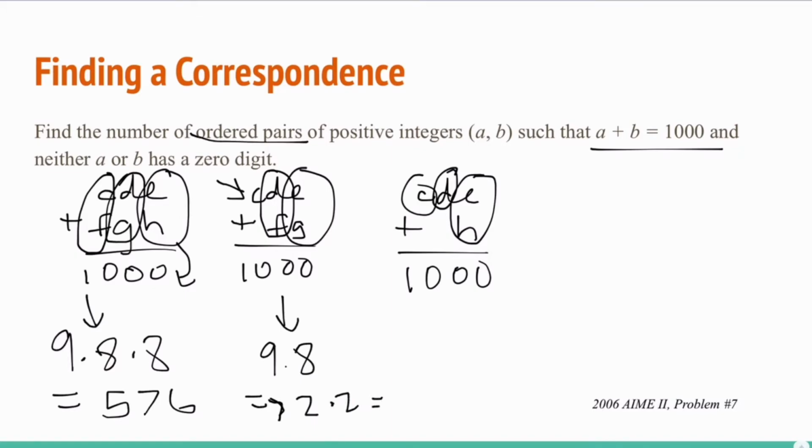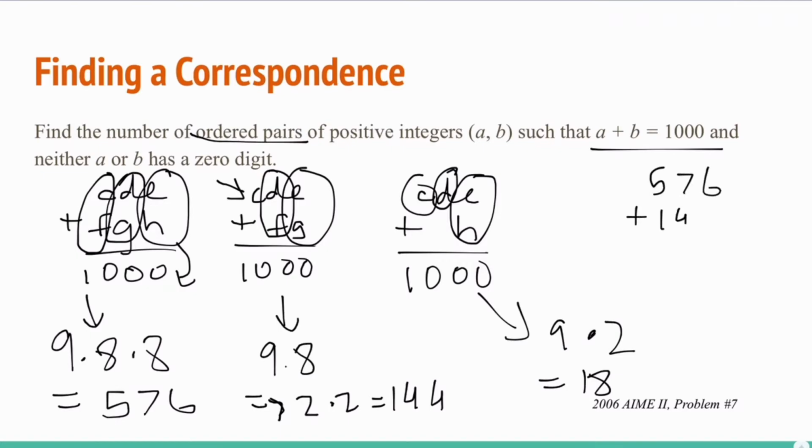So we get 144. And for this, there's exactly 9 ways, and we multiply it by 2 again to get 18. So the sum, which is our answer, is 576 plus 144 plus 18, which is 738.